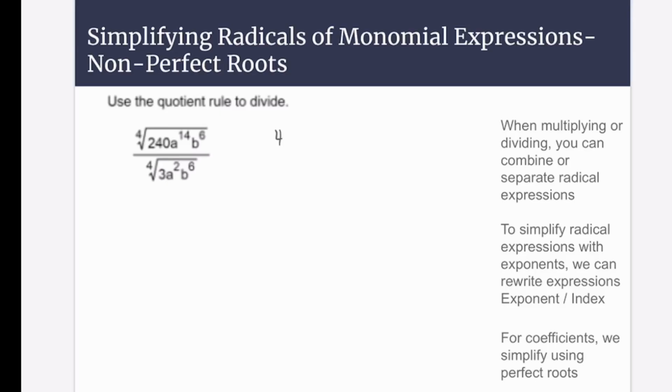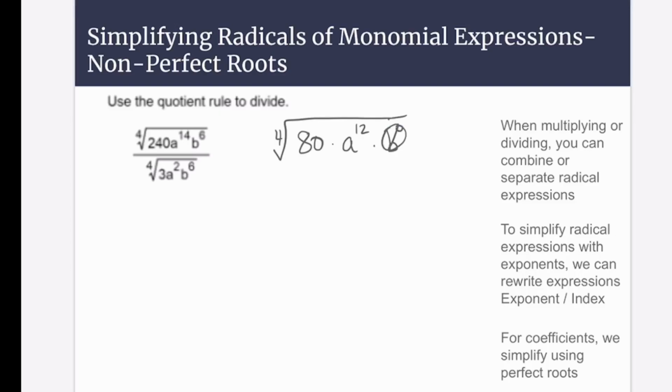So I'm actually going to divide these pieces. So 240 divided by 3 is 80. A to the 14th divided by a squared is a to the 12th. And then b to the 6th divided by b to the 6th is b to the 0, which is 1. So I actually don't even need to write that.